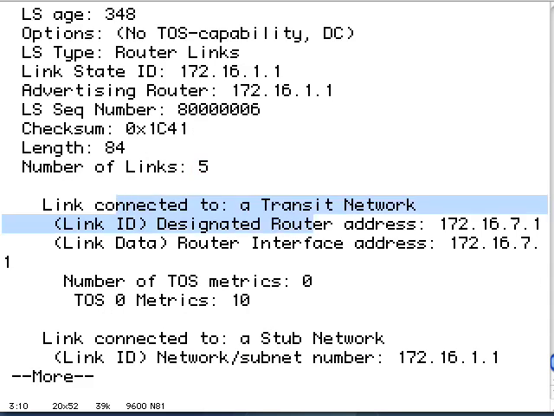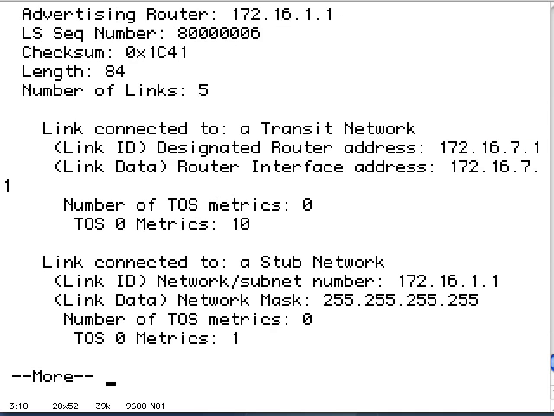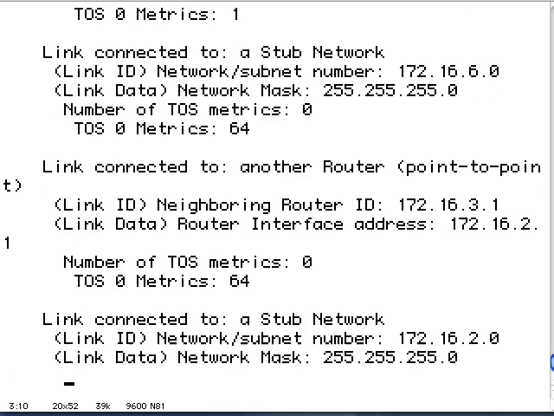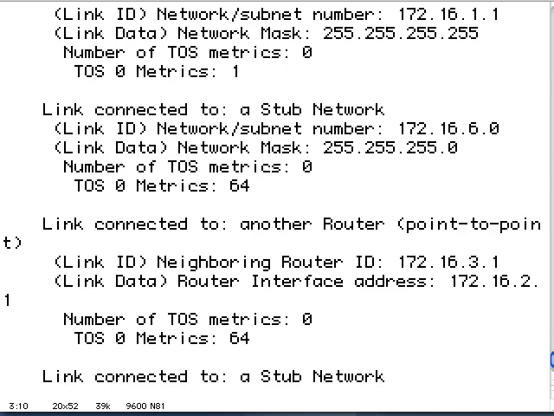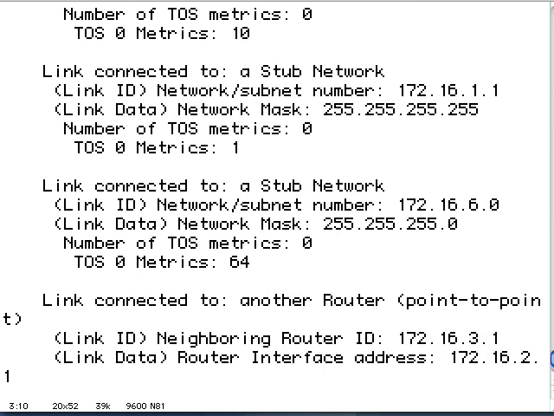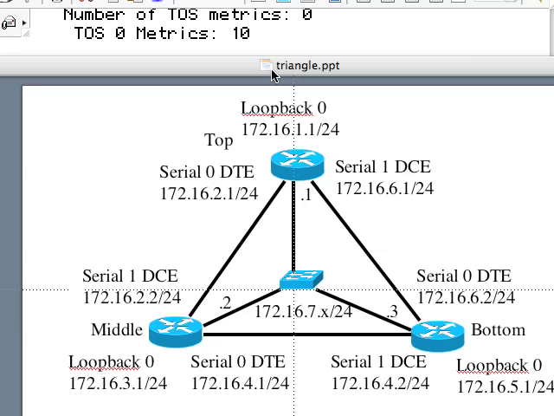It is connected to a transit network where it has a designated router address of 172.16.7.1. That's the IP address of the designated router on that subnet. And then it has the stub network, which is 172.16.1.1, which is its serial 1 interface.